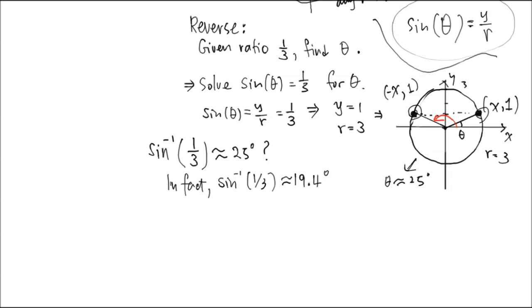The calculator says it is 19.4 degrees. All right? Back in ancient times, they created this table of sine and cosine, and you can just find where roughly 1/3 is and backtrack through your table to get a rough idea of what the 19.4 degrees is. So that is called the inverse of a sine.